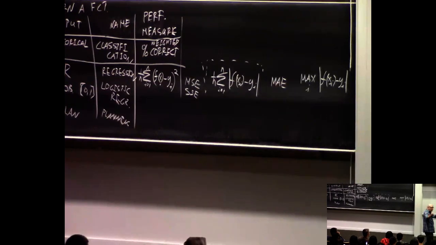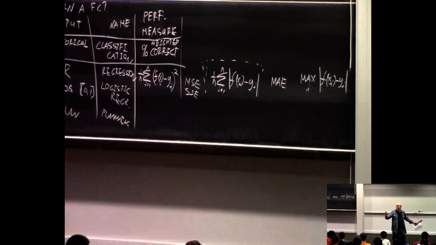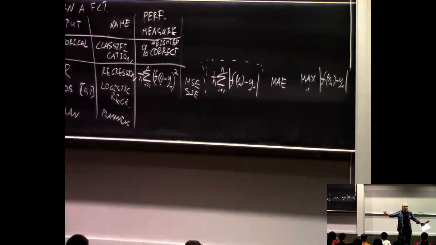Is it possible that there would be two functions, f1 and f2? One of them has a better mean squared error, f1 has a better mean squared error, f2 has a better root mean squared error? I need to see a lot more heads doing this. No, it is the same measure, really. Convince yourself.